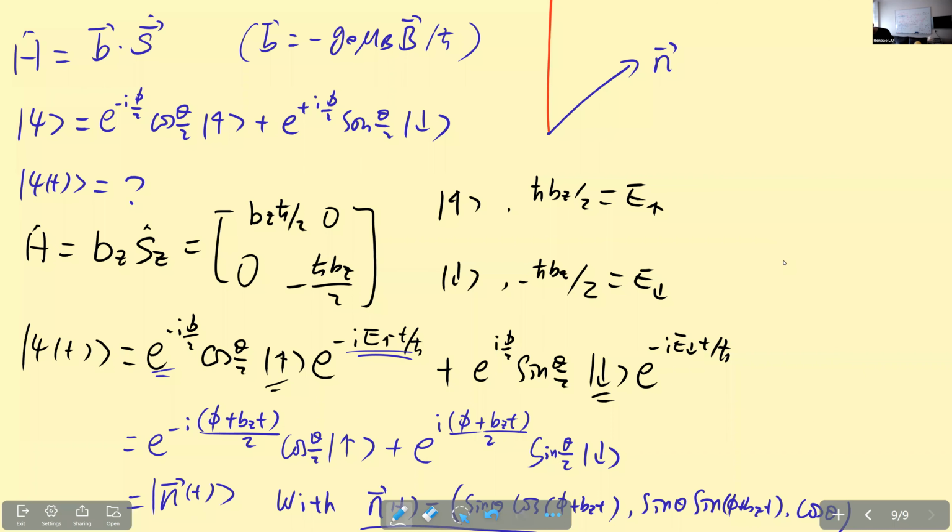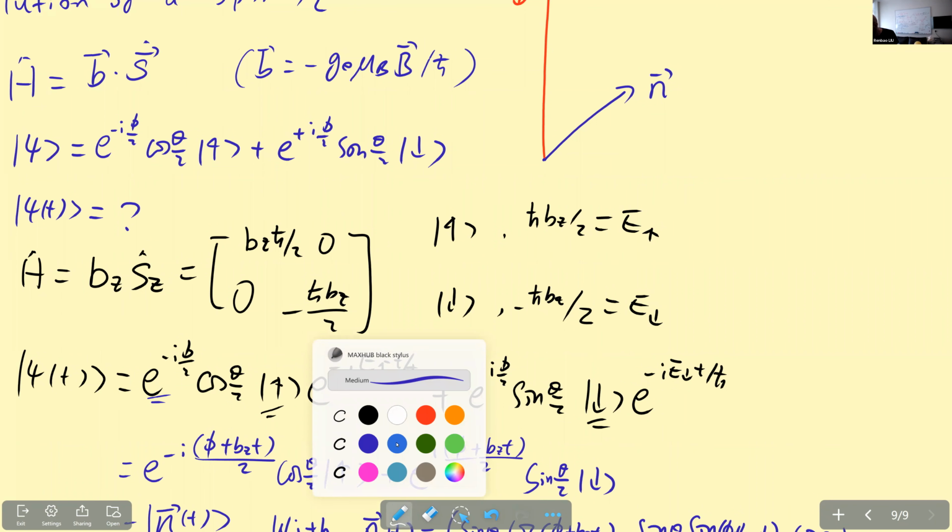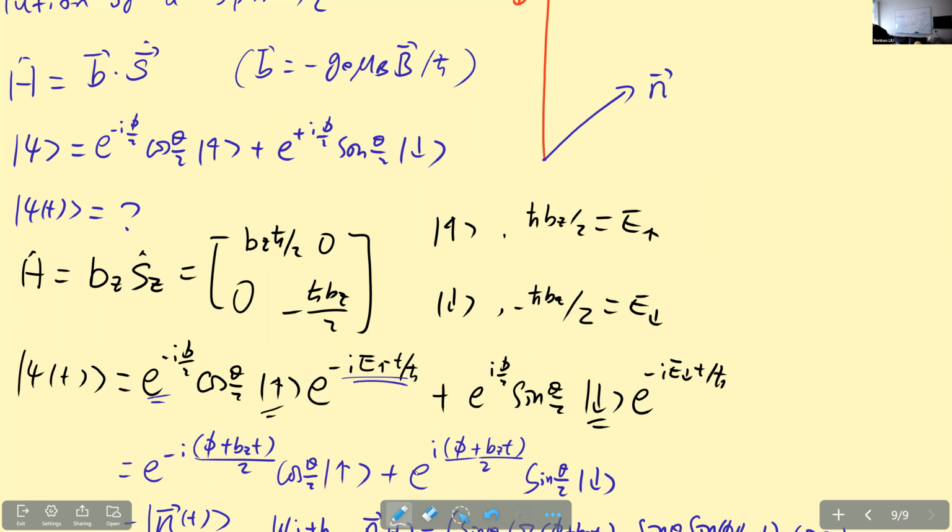So what is this state? If you plot a circle on this with the same latitude, so this is the new state, the new Bloch vector, and this is the original direction. So this is the original direction, and this is the new direction, and this angle is the change during this time.